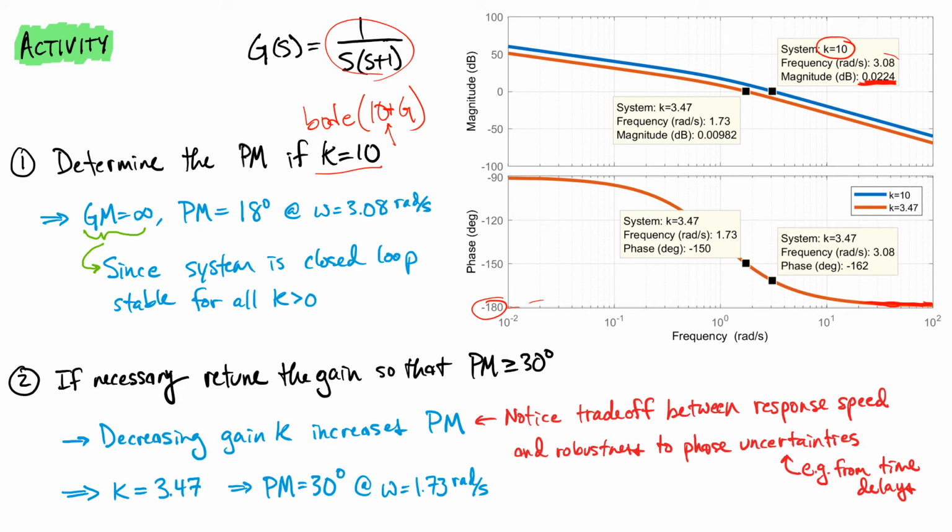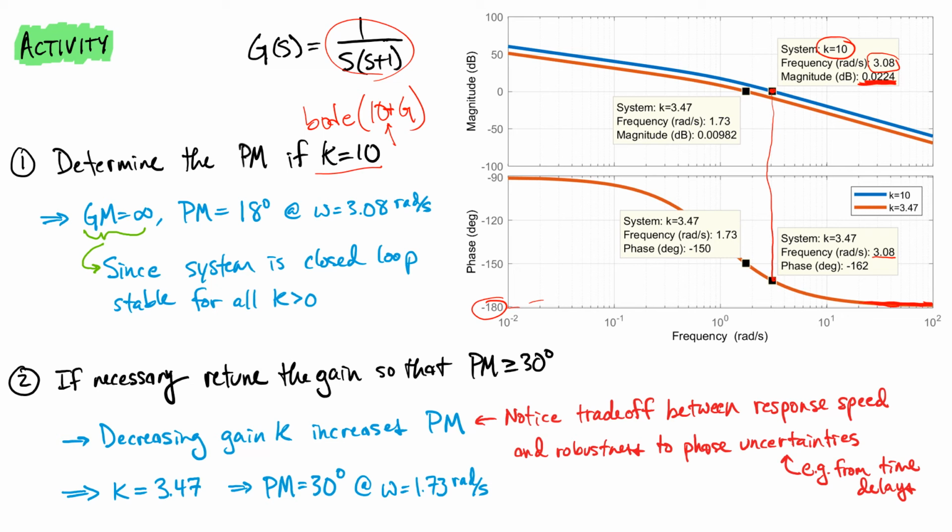So this is supposed to be as close as you can get to 0 dB, and that happens at about omega equal to 3.08. And so that's this value right here, where the blue line is crossing the 0 dB line. Now we trace that down here and try to figure out the phase value at that frequency.